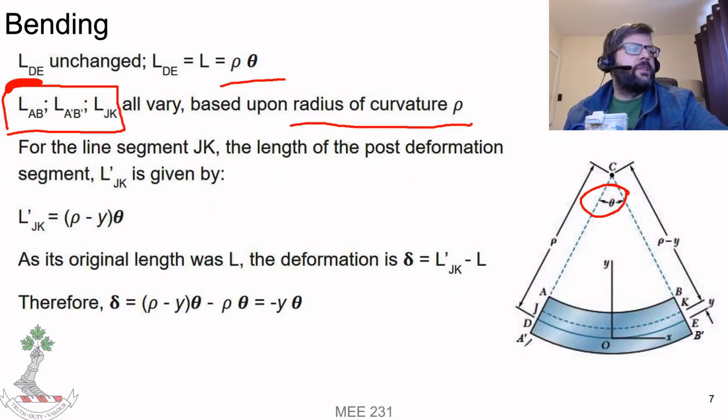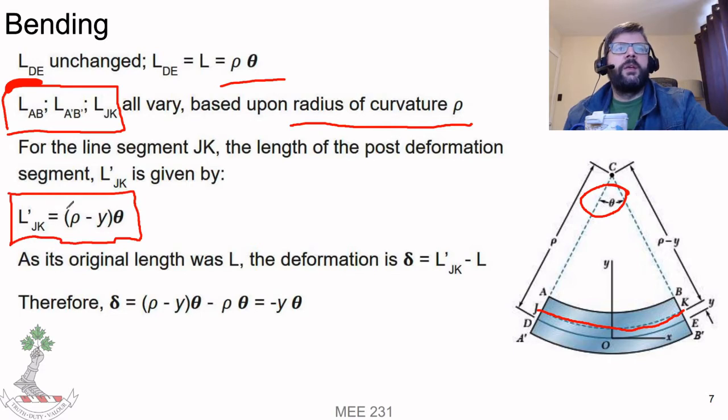So if we look at the segment JK here, at some distance y from the neutral axis, its length post deformation is based upon the arc, the angle there, again in radians, times the distance between the center of curvature and wherever we're going.